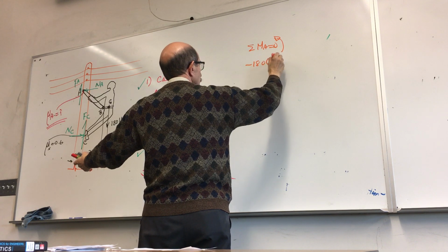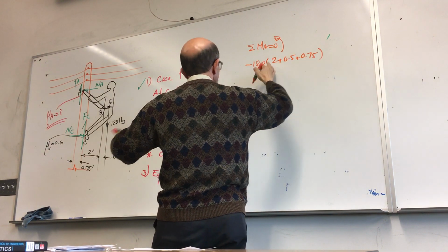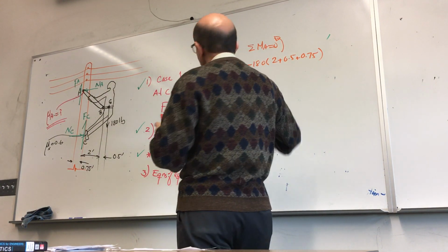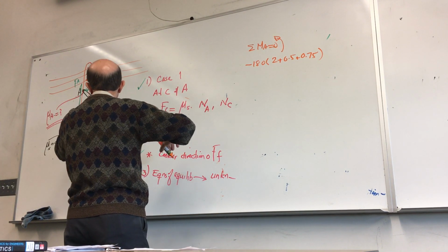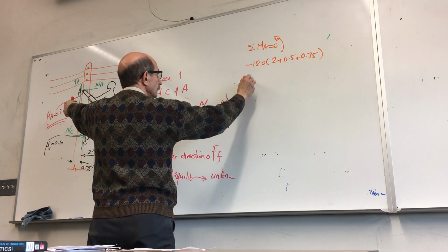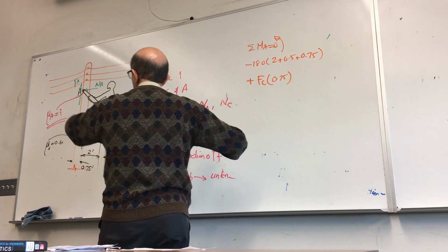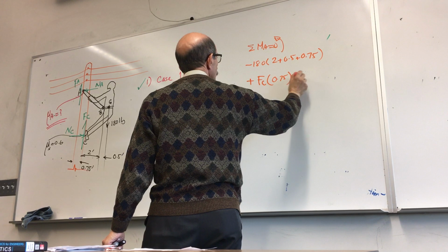So you have 2 plus 0.5 plus 0.75. Intentionally, I write them separately so you know how I found that distance, right? So that's negative, clockwise. Then you have this force, so that force would be positive F sub C times 0.75, okay? That's it, is equal to 0.